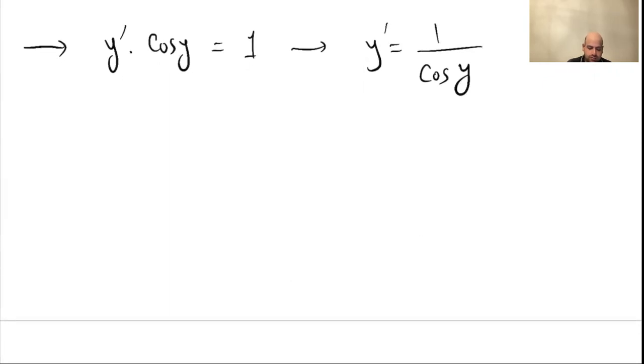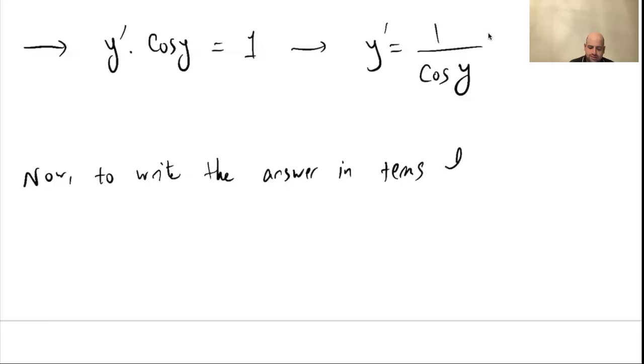So now, to write the answer in terms of x, note that sine y is equal to x, right?